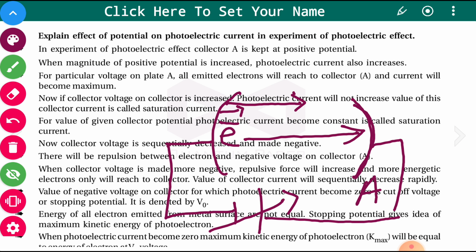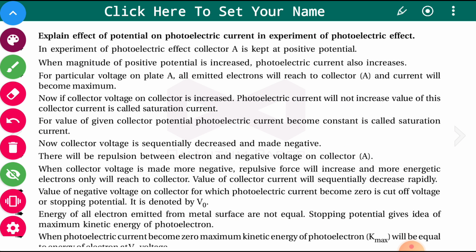So what will happen? The photoelectric current in the circuit will become maximum. Now if the voltage on the collector is increased, photoelectric current will not increase.